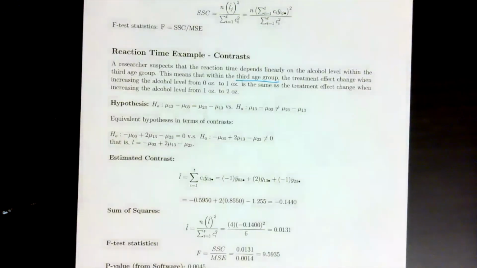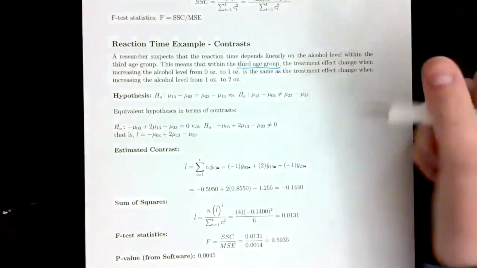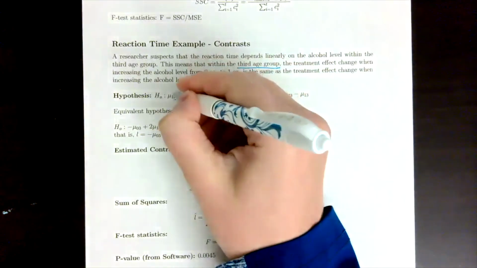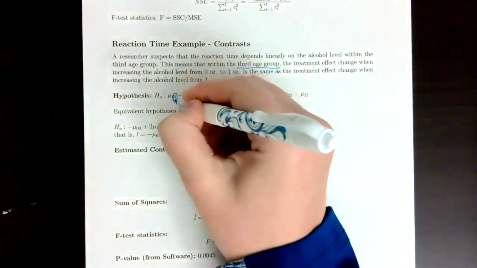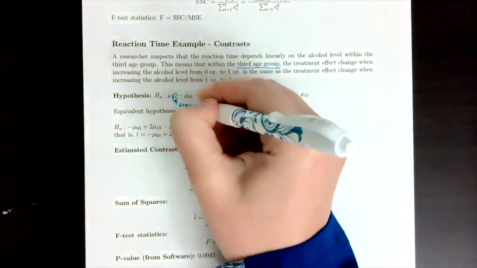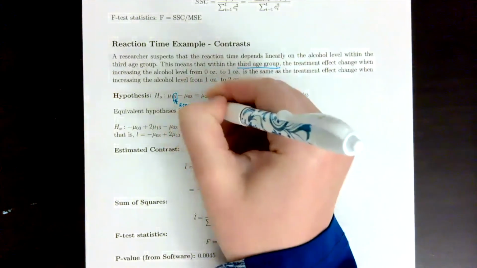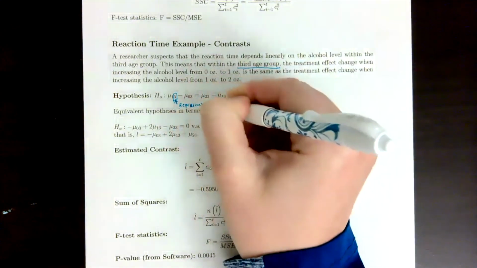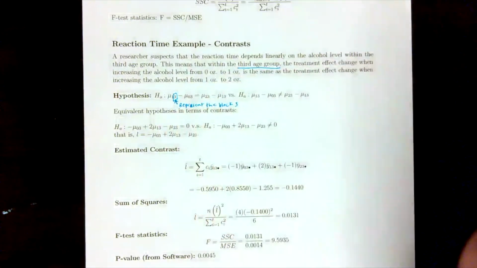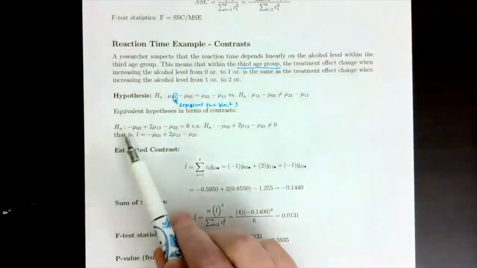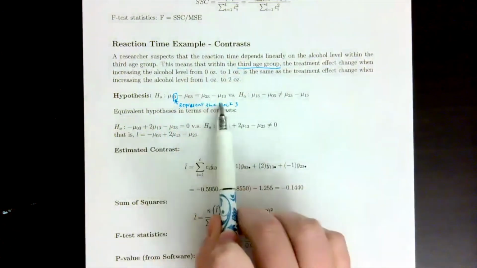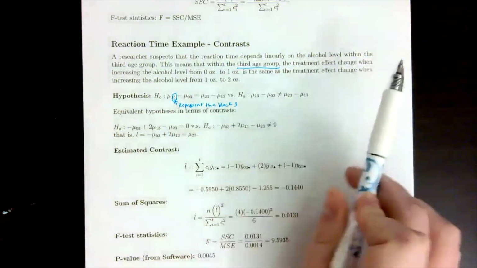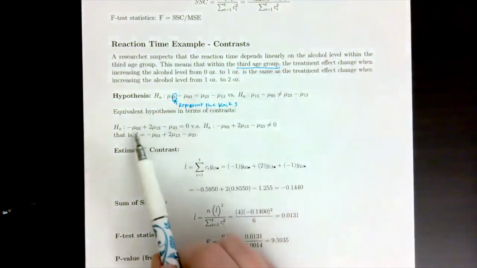Okay? Our hypotheses are the same, but now we have a subscript, this 3, which is going to represent the block 3. And so again, we're going to take these values and move them to one side or the other, depending on which way you do it.